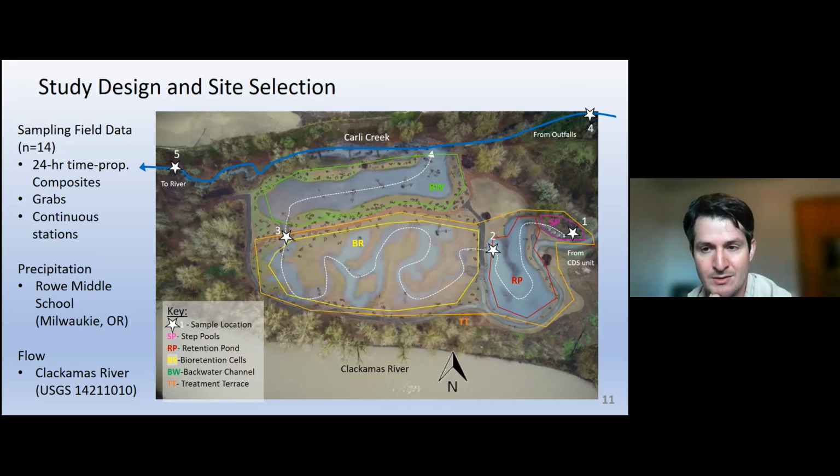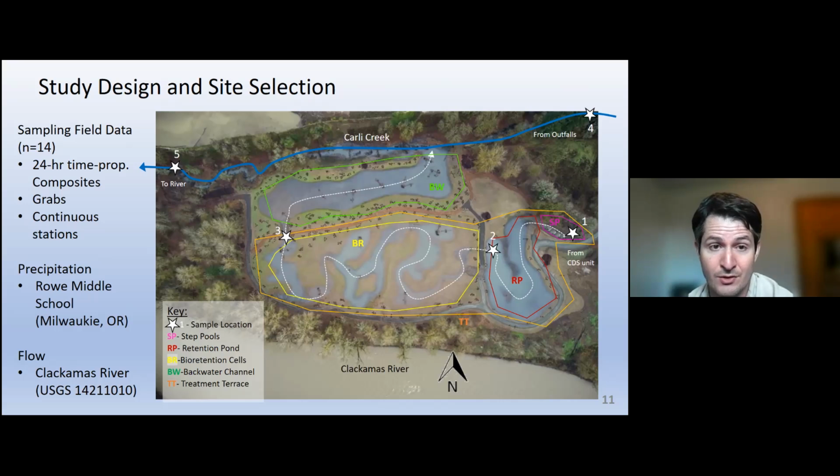My first site was at the stormwater outfall above the step pools. My second monitoring site was between the retention cells and the retention pond. The last site was the outlet of the treatment terrace. So I did a lot of comparisons of treatment effectiveness between my monitoring point 1 and monitoring point 3.